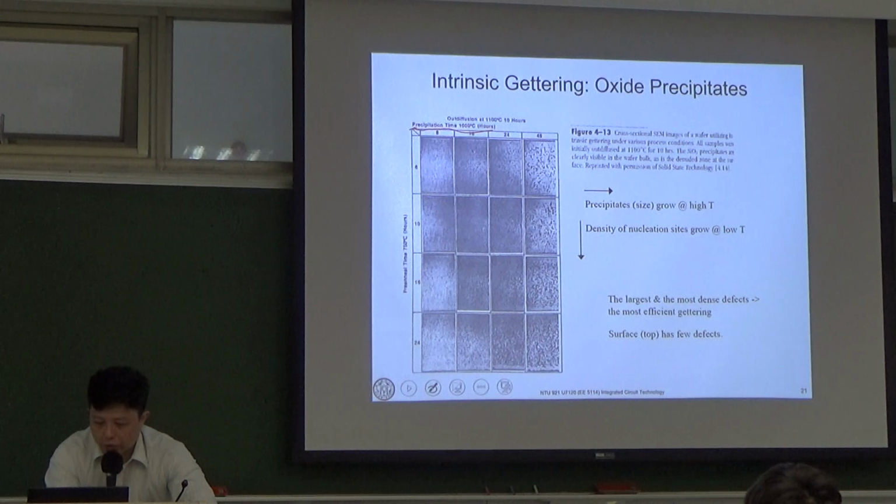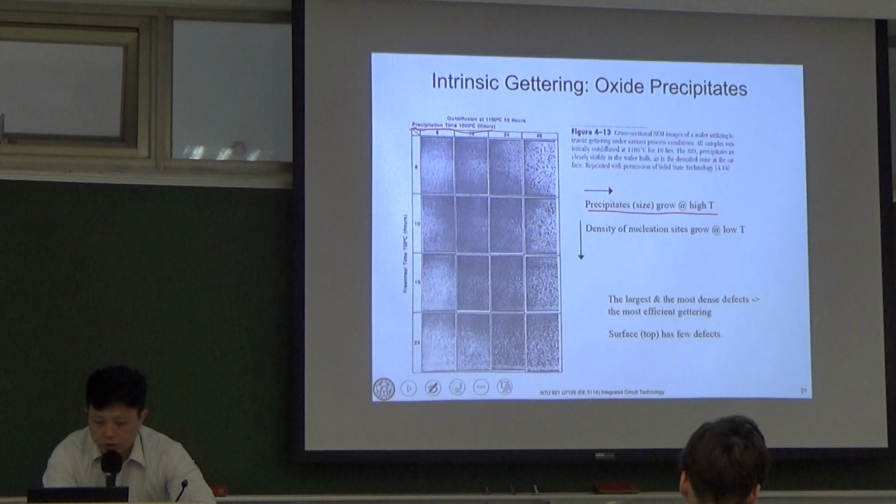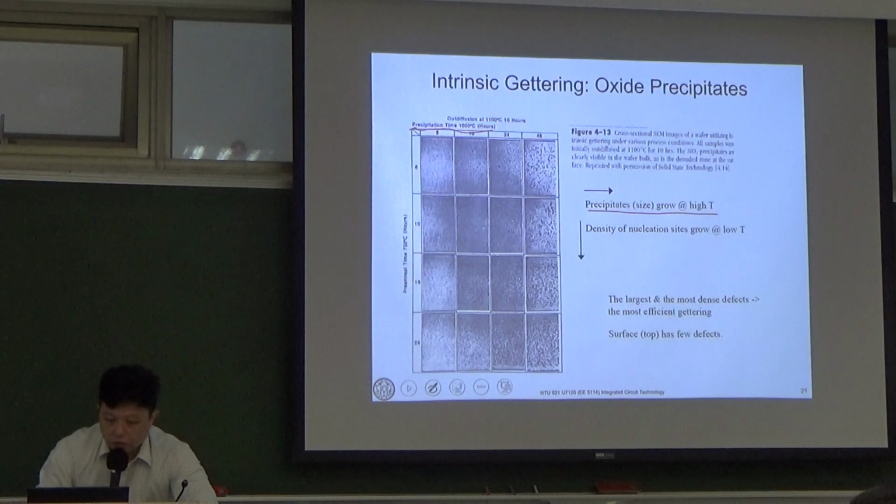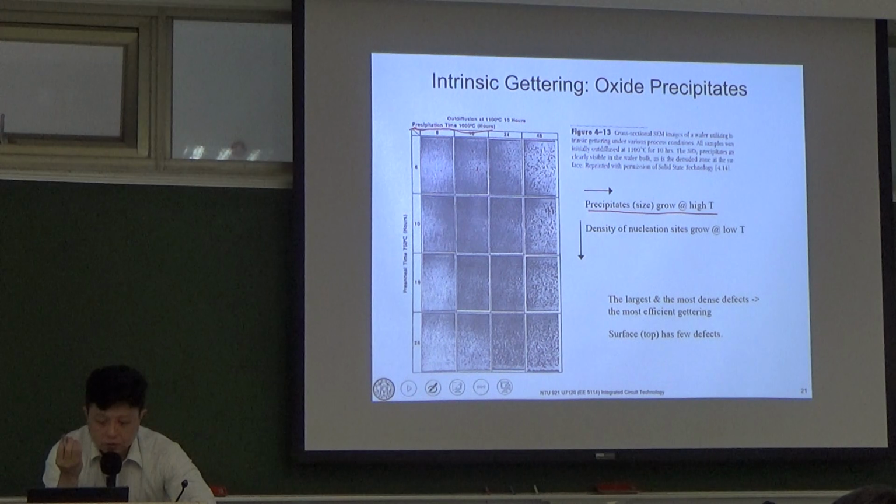So in this direction, once we increase the precipitation time, we can see the size of the traps begin to grow larger and larger. If you see from left to right, at each row, you can see the size begin to grow, right?